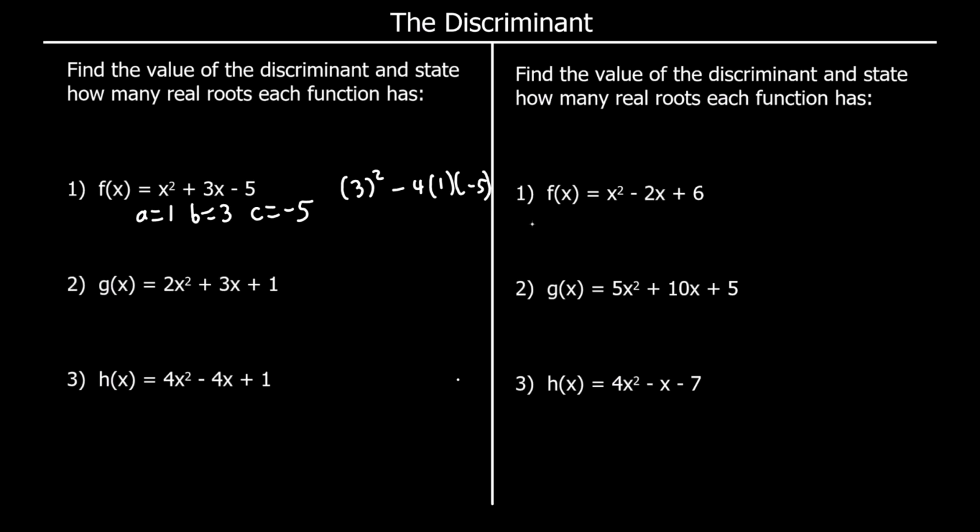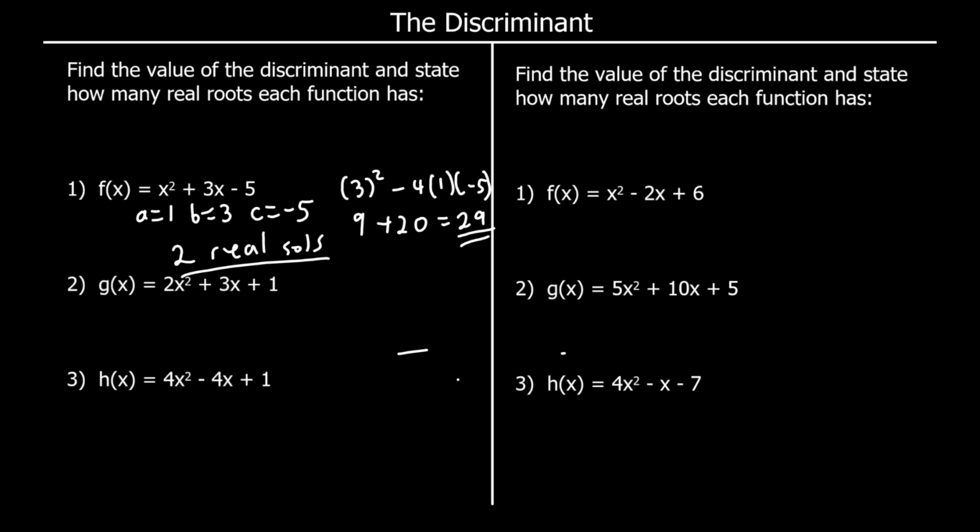That's 9, take away negative 4 times 1 times negative 5. A negative times a negative is positive. 4 5s are 20. So that's 29. So it's positive. b squared minus 4ac is bigger than 0. So it's got two real solutions.